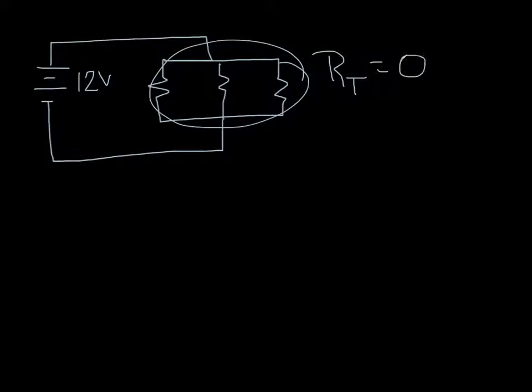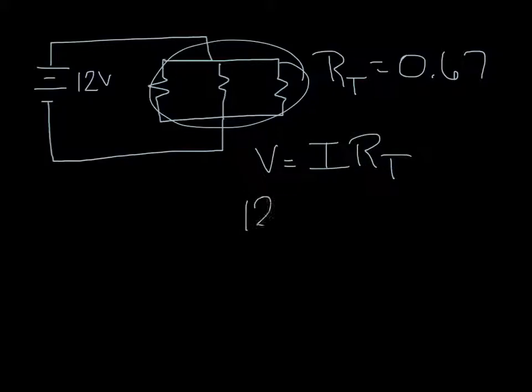Well, back to our 12-volt battery. We know this is equivalent to total resistance of 0.67. Well, now we want current. V equals I R total. So this is 12 is equal to I times 0.67.